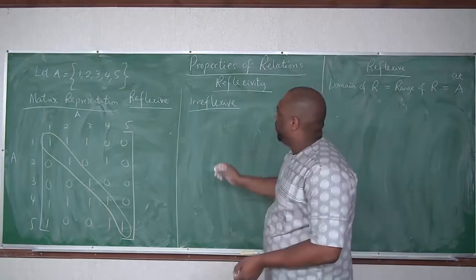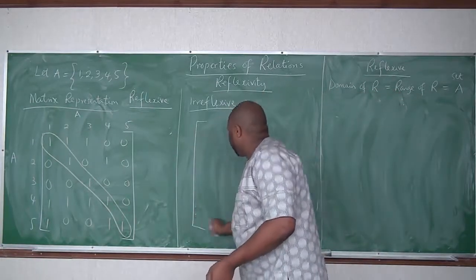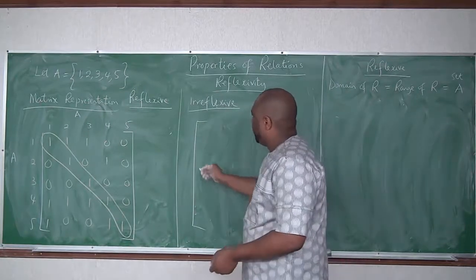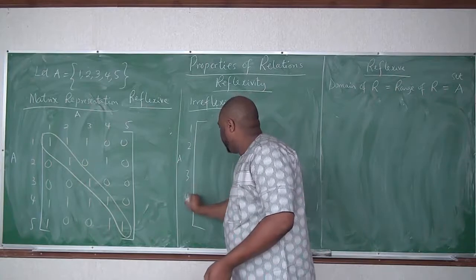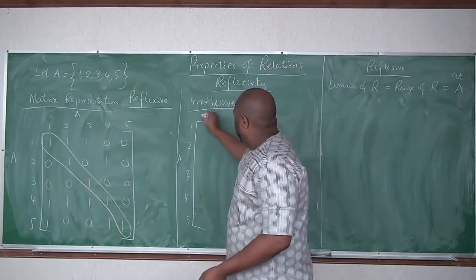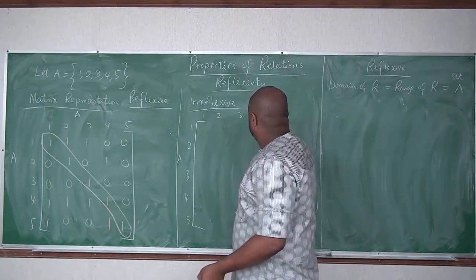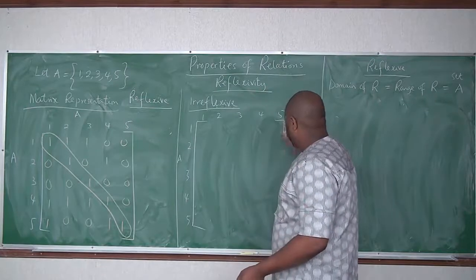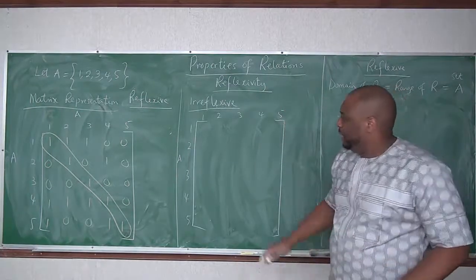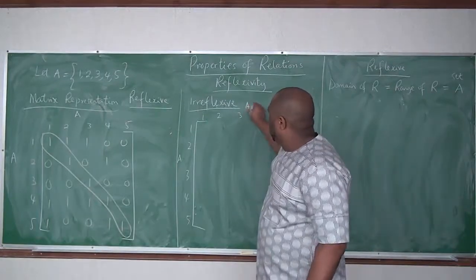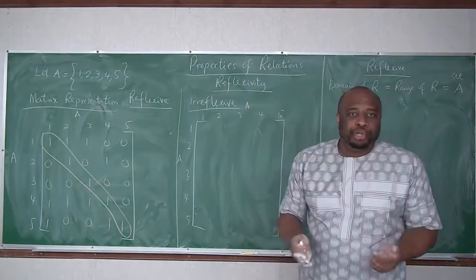Okay, we have the matrix here. We have our A, 1, 2, 3, 4, 5. 1, 2, 3, 4, 5. And you must not put this, okay? The main thing we are talking about is just the matrices. You mustn't put what I put here. No. I'm just saying it to show you.